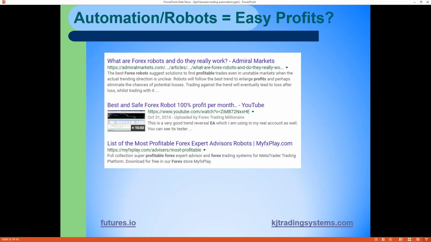A lot of people out there make it seem like, hey, just turn on automation and you start making money. Well, hopefully you guys have been trading a little while, and you know that's not true. There's no trading that's just automatic and easy. I always get suspicious when people say, oh, this is easy, I just do it for a little bit a day, or I just turn the robot on and walk away.